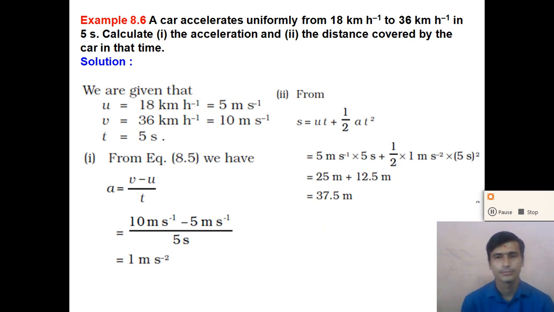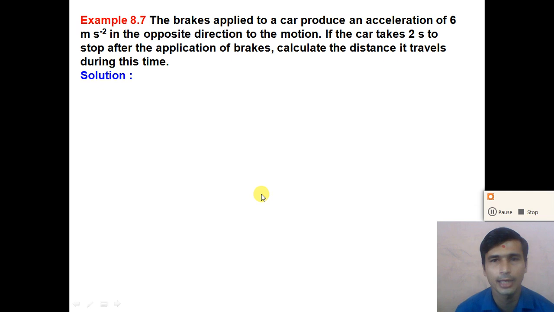Now we understand a third example. Example number 8.7, right? The brakes applied to a car produce an acceleration of 6 meter per second square in the opposite direction to the motion, right? By applying the brake, the acceleration produced in a car is 6 meter per second square in the opposite direction.